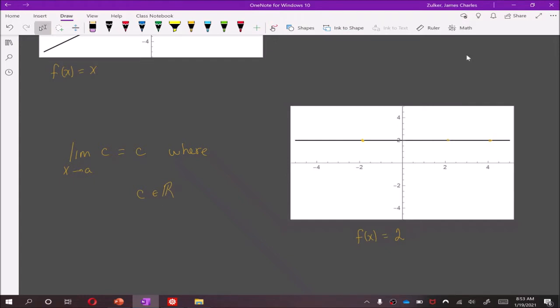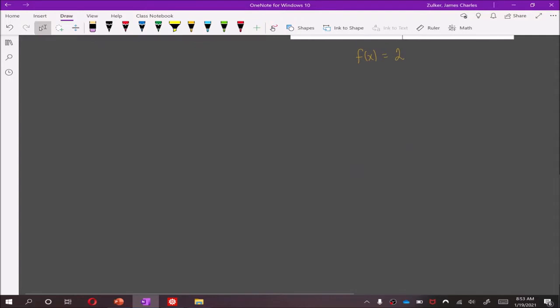We now go ahead and look at the actual limit laws. For all of these, we're going to say let f of x and g of x be defined for all x not equal to a over some interval containing a.